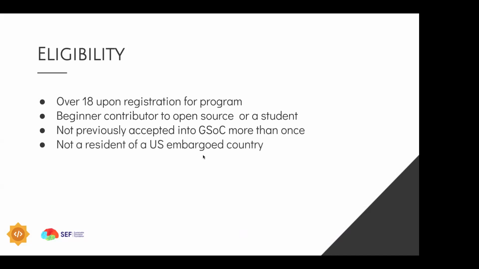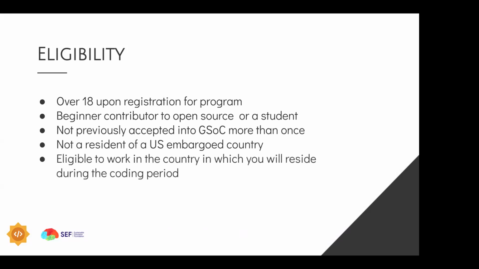Another eligibility requirement is to not be a resident of a USD embargoed country. Another one is you need to be eligible to work in the country in which you will reside during the coding period. I think the most important eligibility requirements will be the first three. The rest won't be a problem for Sri Lanka.